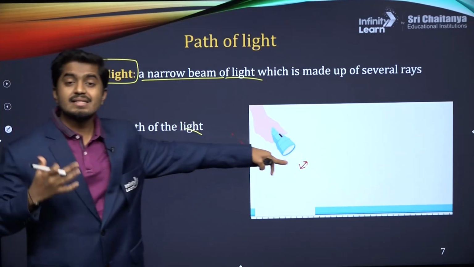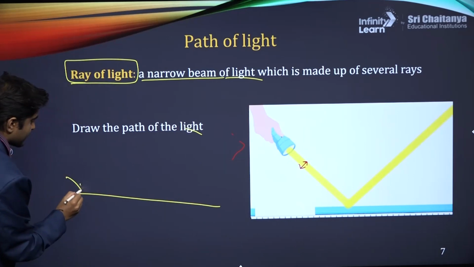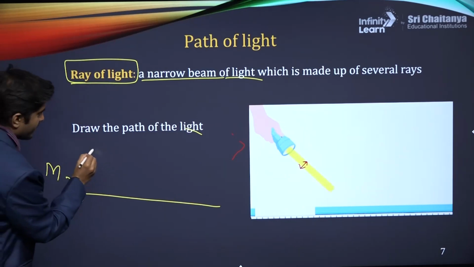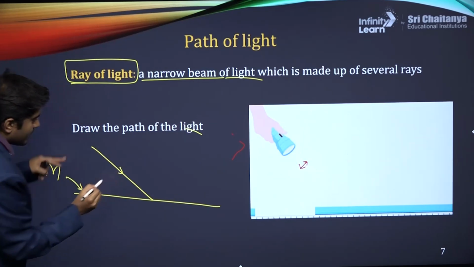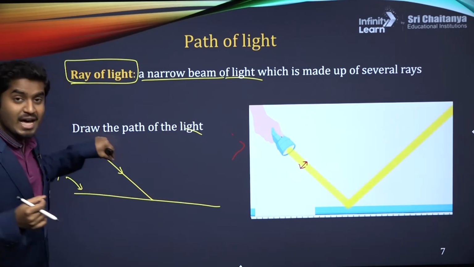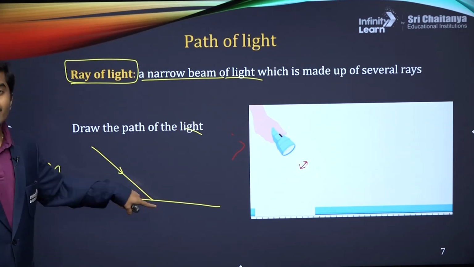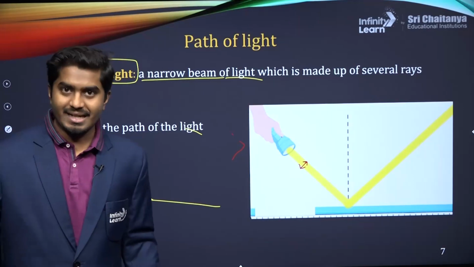Here it is a beam, but suppose there is a surface, a mirror. On this mirror, this could be a beam, but if it is very narrow, like laser focused light, then you can call it an incident ray.